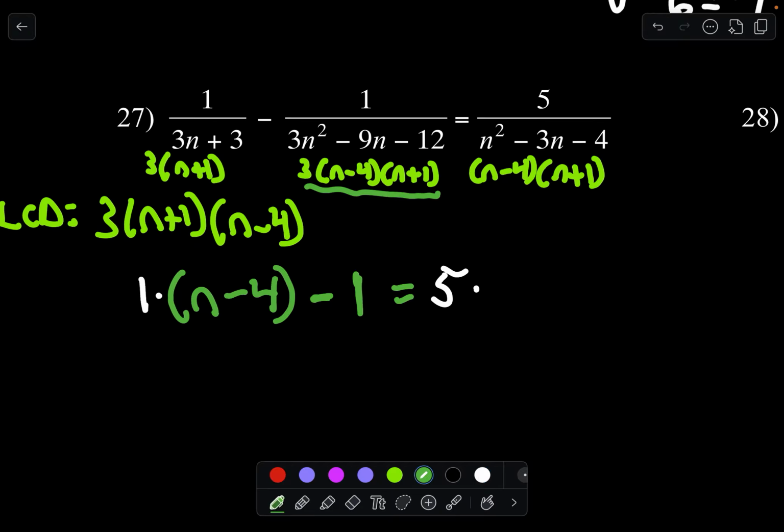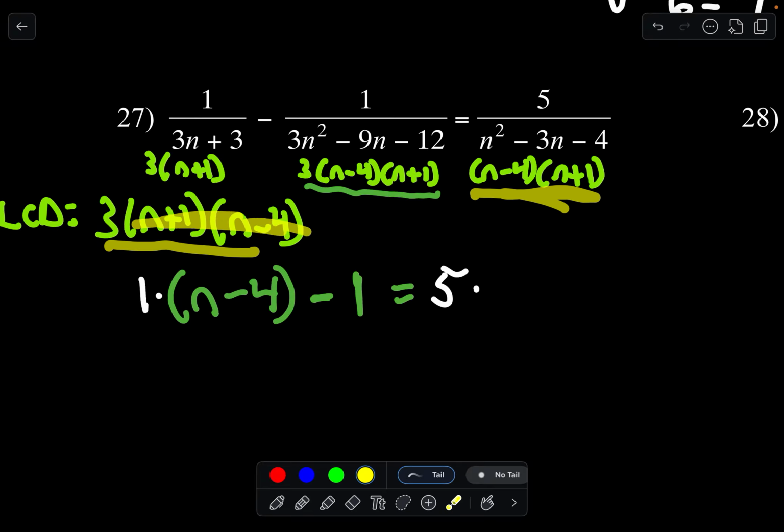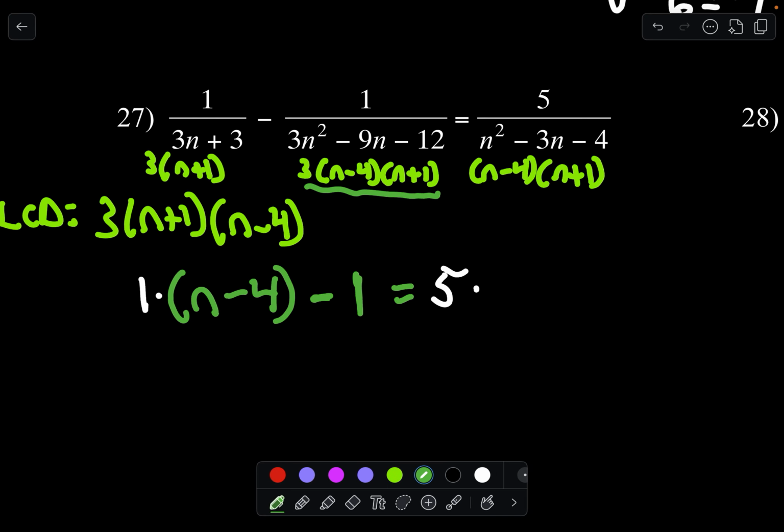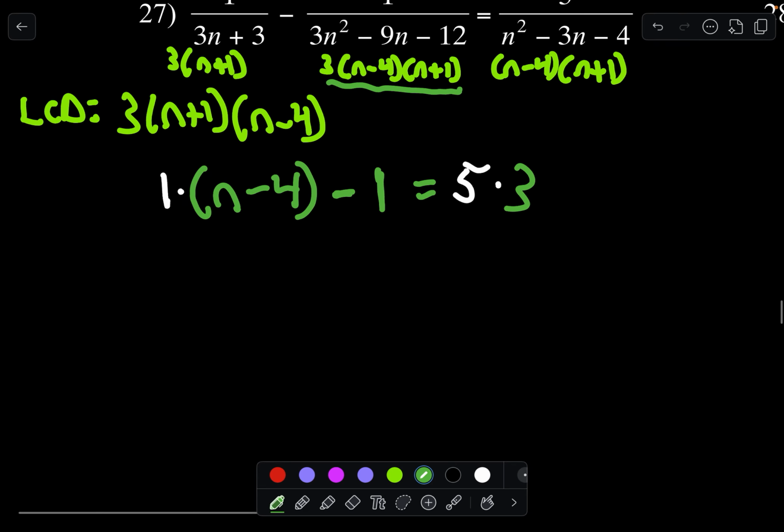Now, if you look at this, this is 3, n plus 1, n minus 4. This is n minus 4, n plus 1. Those go away, leaving you with the 3. So this is 5 times 3. And we have this rather straightforward equation to solve. 1 times n minus 4 is just n minus 4.